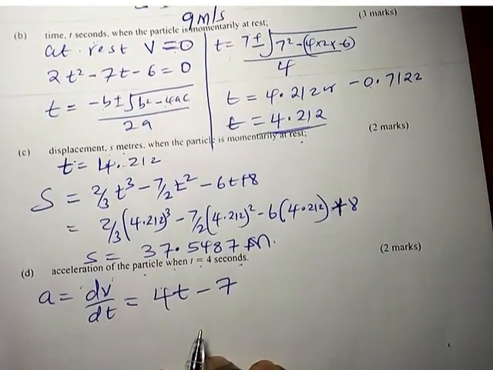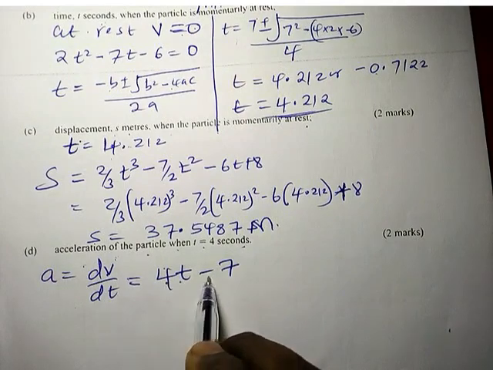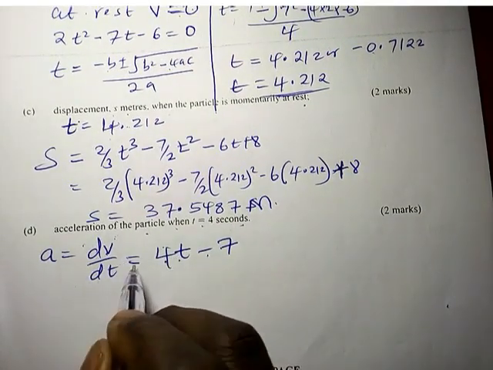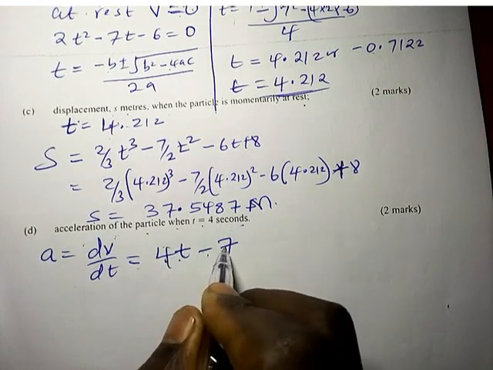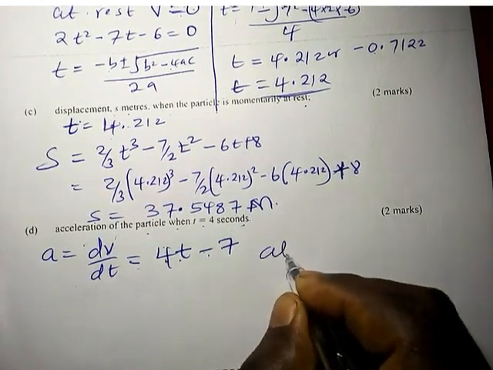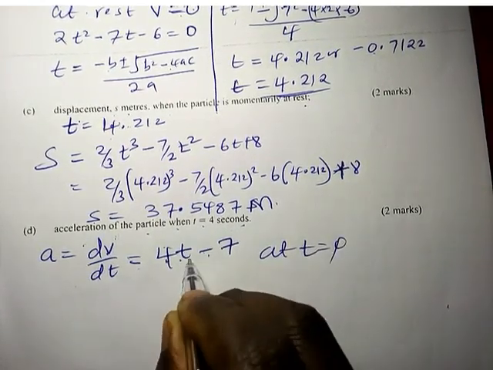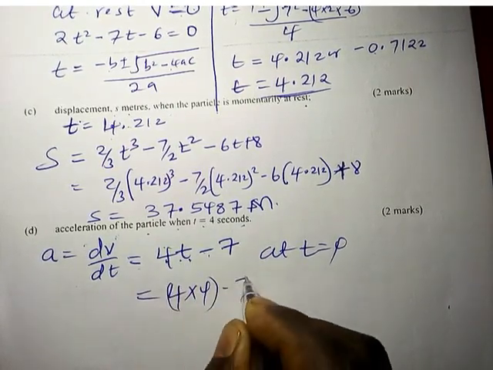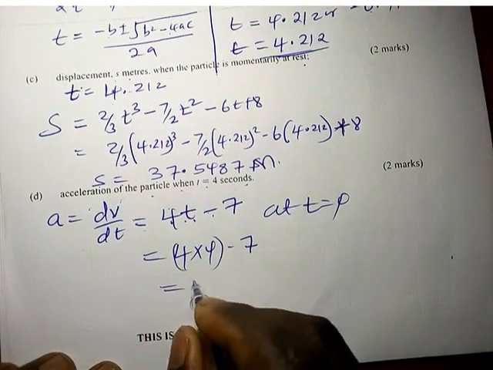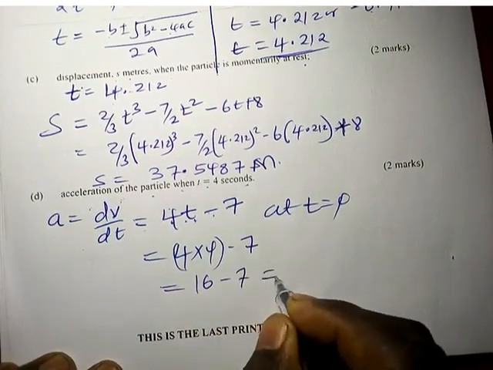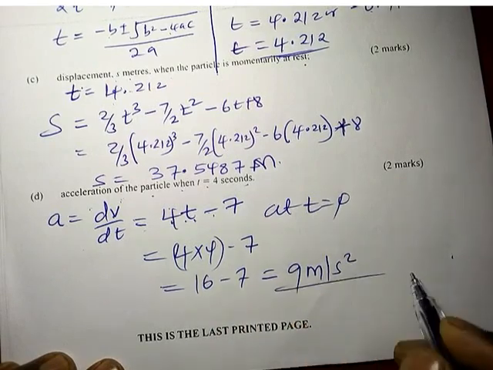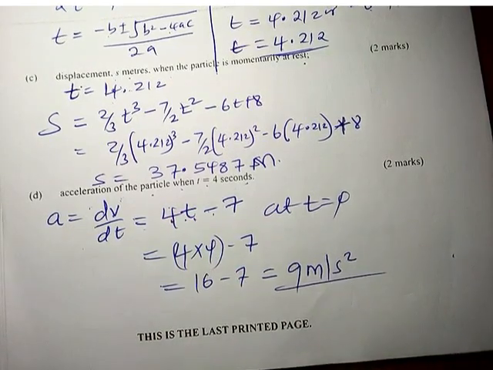So acceleration is going to be 4t minus 7. But at t equal to 4, now you substitute here. We are going to have 4 times 4 minus 7. That one is 16 minus 7. That is 9 meters per second square, and that is the acceleration when time is equal to 4 seconds.